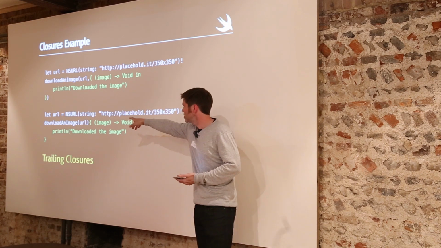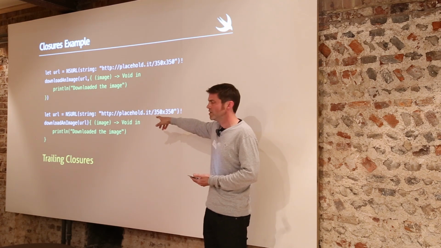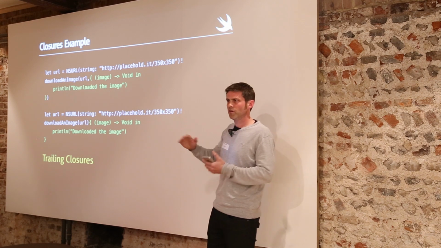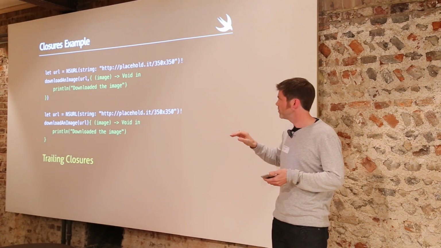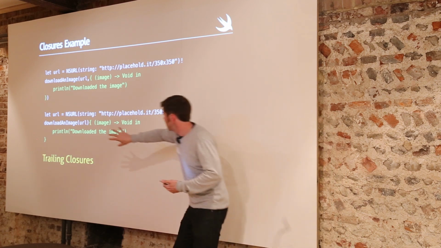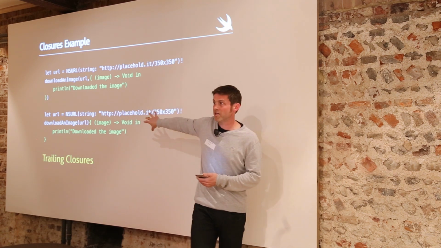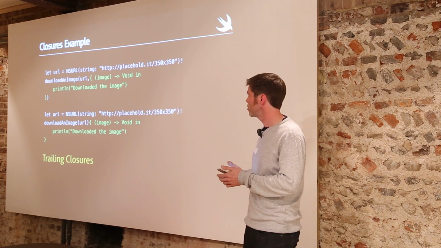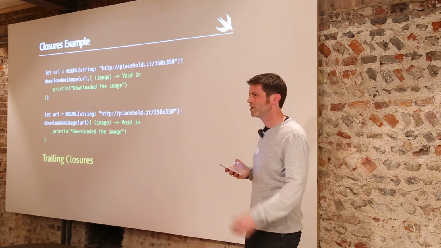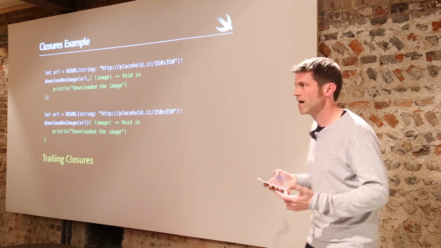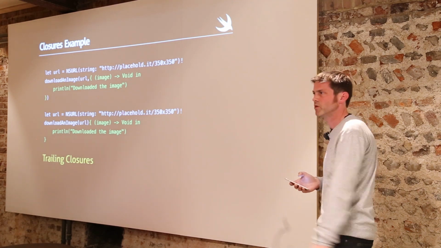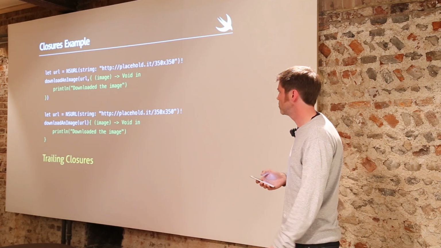Even though download image takes two parameters, because the last one is a closure, we can use this trailing closure idea, which says we put everything in green here as the last parameter, the closure block. It keeps the code cleaner and improves clarity. That's optional syntax, but it's what you'll come across quite often.